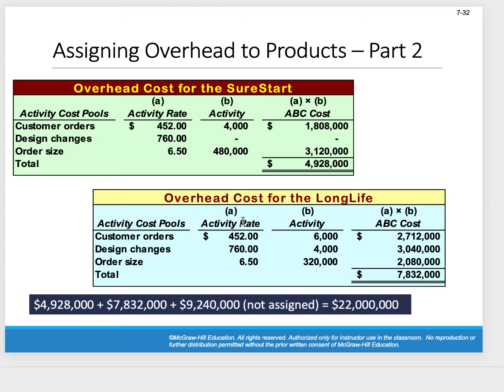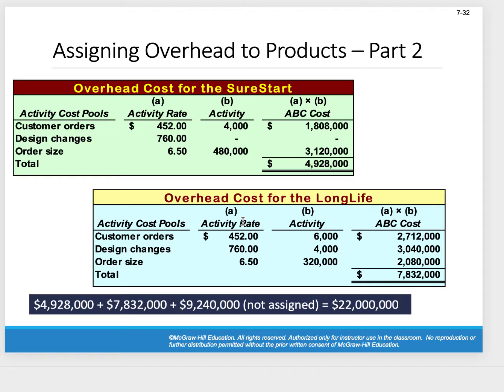$7,832,000. Now, if we take the $7.832 million and the $4.928 million and add them up, we're not at $22 million, because we need to account for those costs that we did not assign, which is $9,240,000.